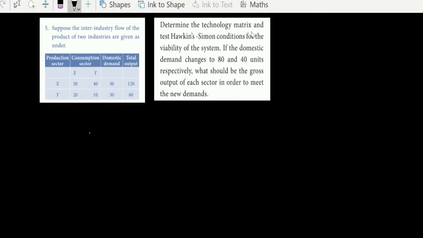Determine the technology matrix. That means you have to find the matrix B. B is not given here. And test Hawkins-Simon condition for the viability of the system. So first we have to find the technology matrix B. Then we have to check the viability of the system using Hawkins-Simon condition. Then the demand is changing.